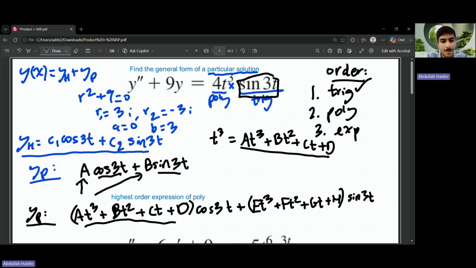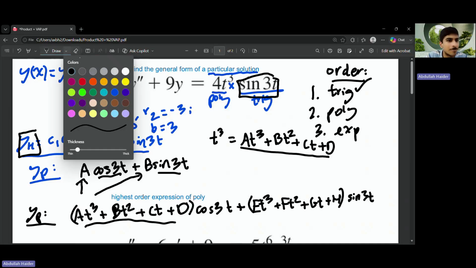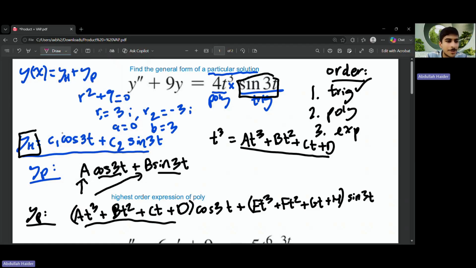Last thing to check before you think this is the final answer, you compare YH with the right hand side, as we used to do in the previous examples. So you compare if you have something similar in YH and your f of x over here. You don't have a cosine over there, but you have a sine 3t. See?